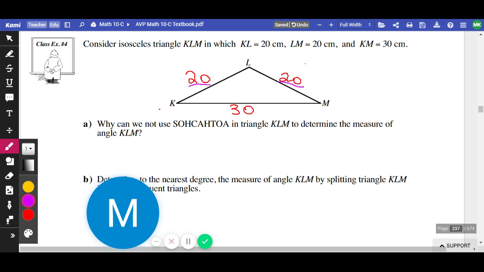And the way I could turn it into two 90-degree triangles is by cutting this perfectly in half. When I do that, I create a 90-degree angle right here and a 90-degree angle right here.